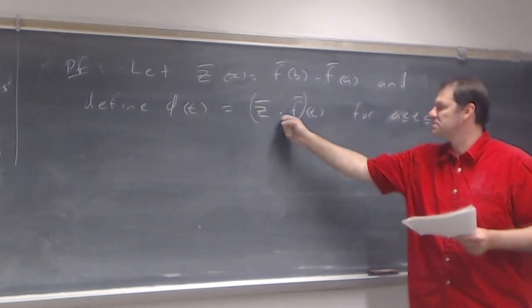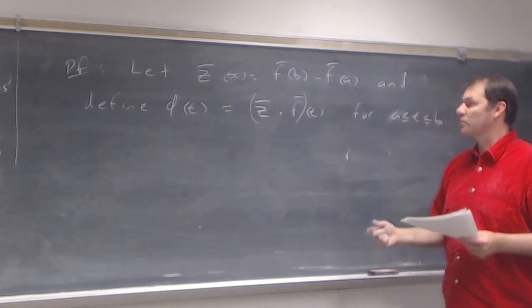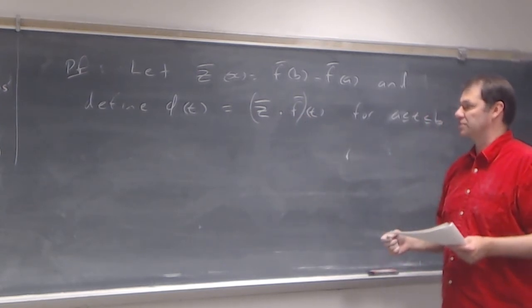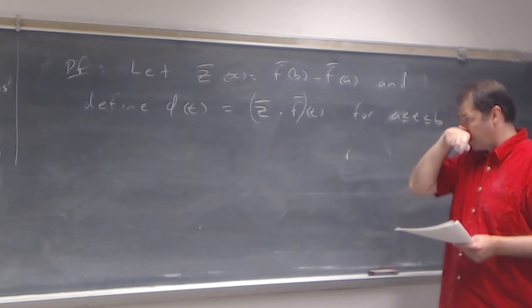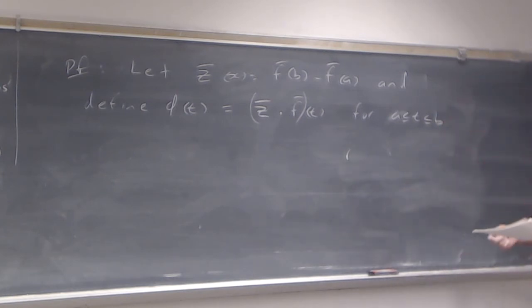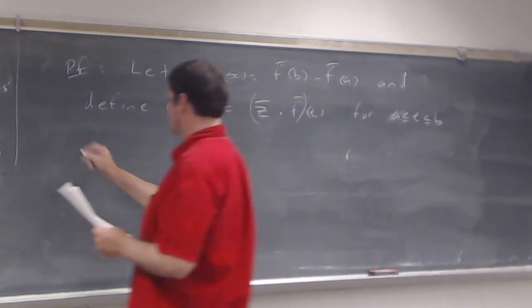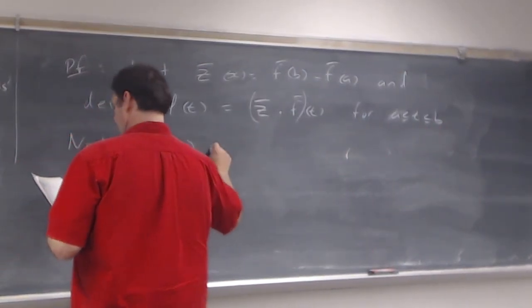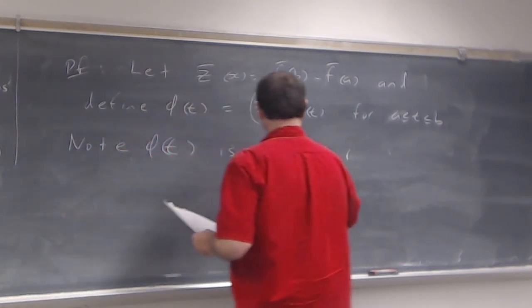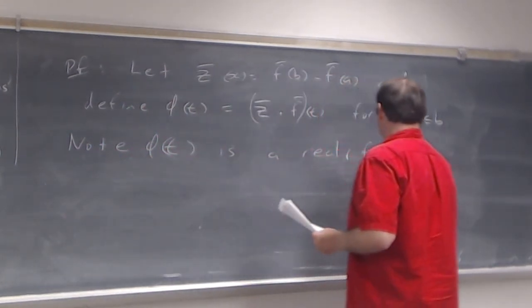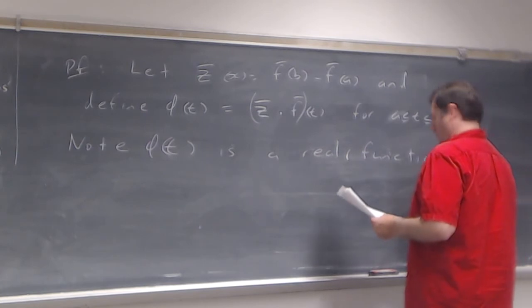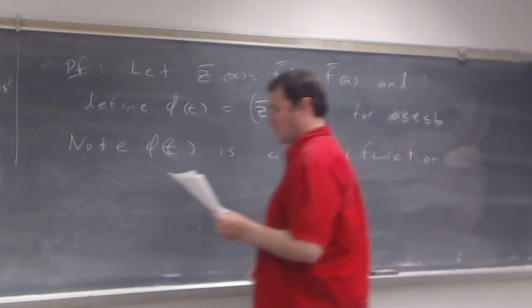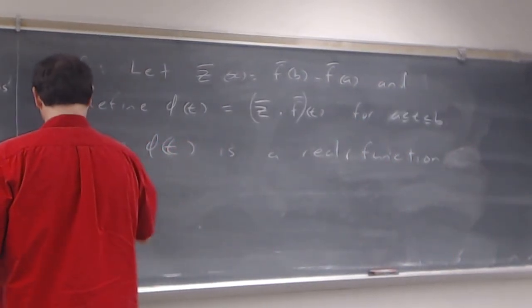Remember, this inner product is going to yield a real valued function. So phi of t is a real function on a to b.